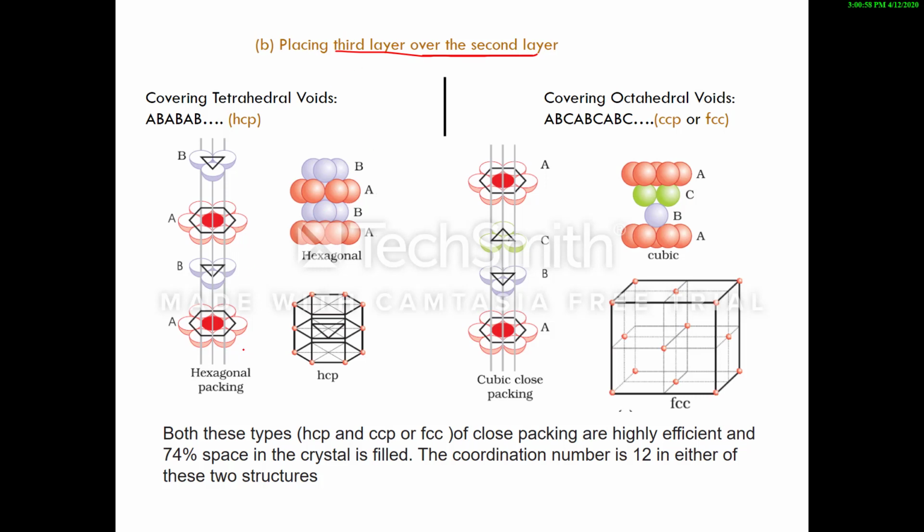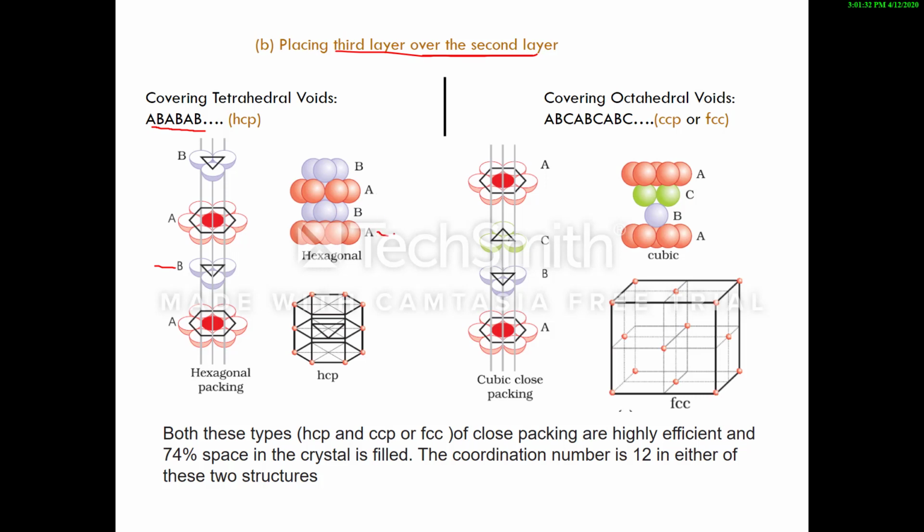In the first structure, we place the particles of B over the triangular voids of the particles in layer A. Now if particles of the third layer are just aligned as the particles of the first layer, that is A, first layer is A and third layer is A, the same, then we will get the AB type pattern.